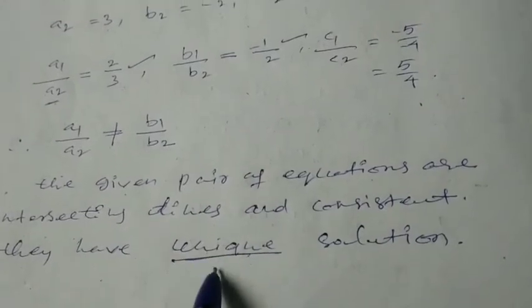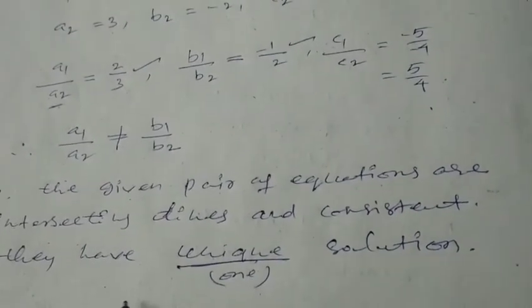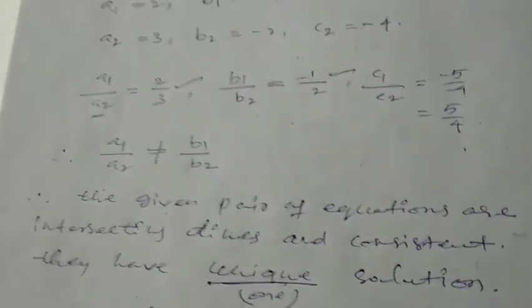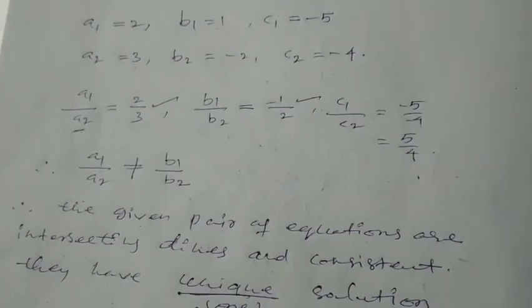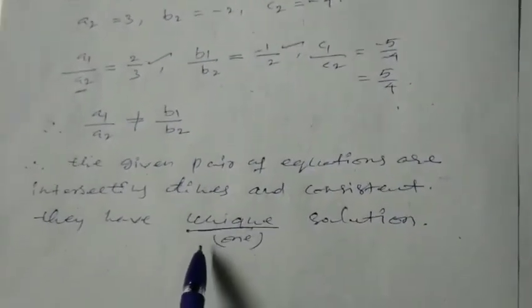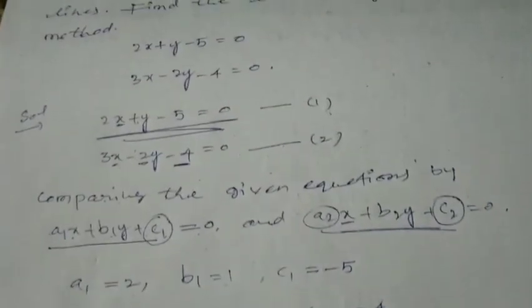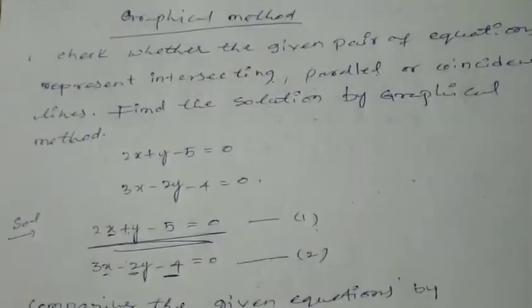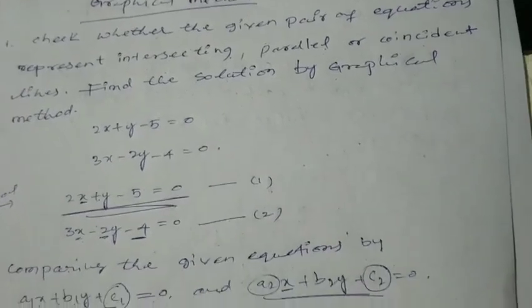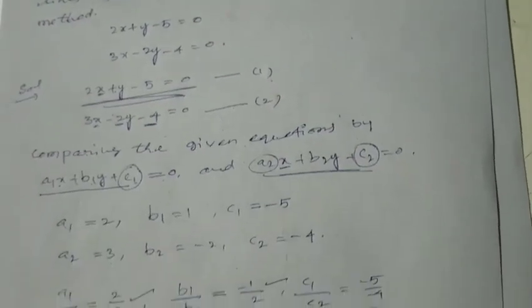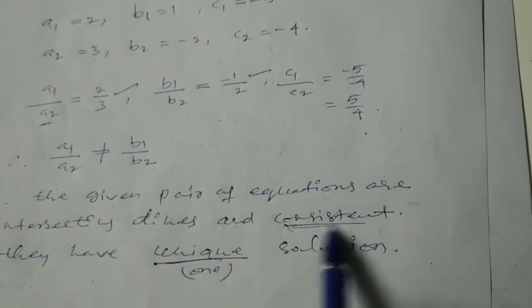Unique means one solution. Intersecting lines will intersect at one point, that's why they have a unique solution. These two given equations have solutions, that's why they are consistent.